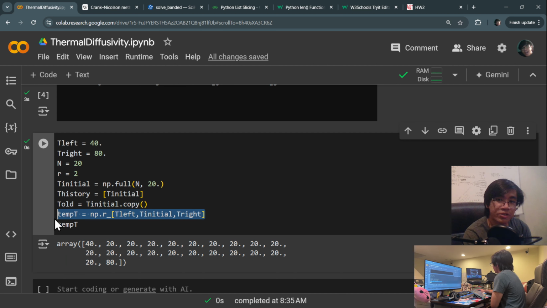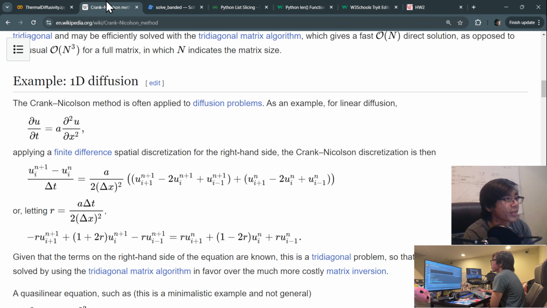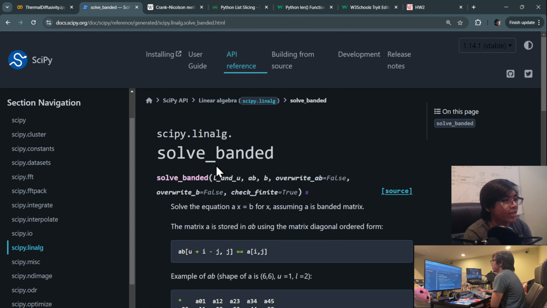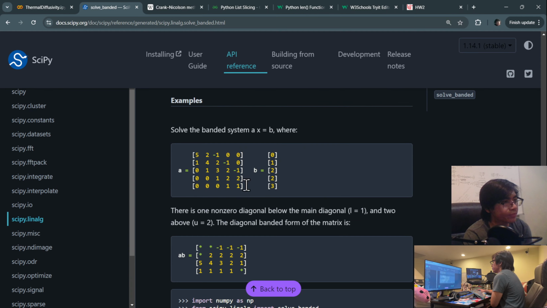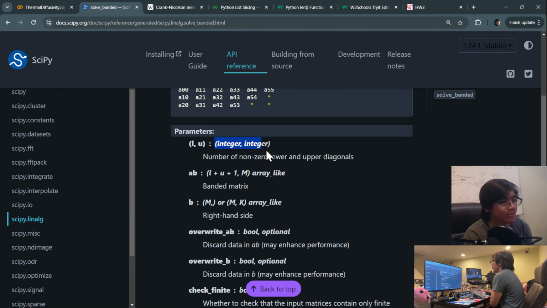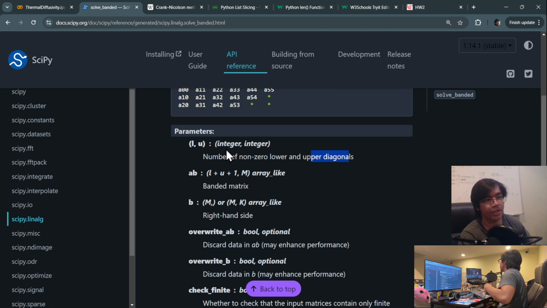Obviously right now we're at our baseline here, and this is our temporary temperature, which is going to be used for our B matrix. Hopefully I explained A and B yet, but if I didn't, for solve banded we have a couple parameters. We supply a tuple of our lower bound and our upper bound diagonals. So this is just 1 and 1, since we have one upper diagonal and one lower diagonal.